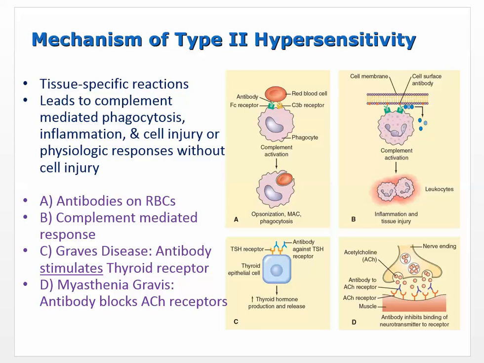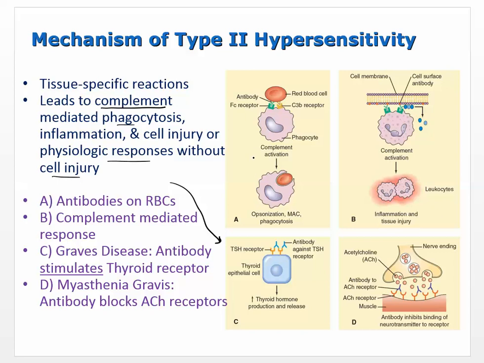So mechanisms: tissue specific leads to complement, so complement also gets involved. It's basically just a normal type of immune response at that point. Once you're making the antibodies, it just goes through this normal immune response: complement-mediated phagocytosis, inflammation, cell injury, or physiological responses without cell injury, and we'll talk about one of those.